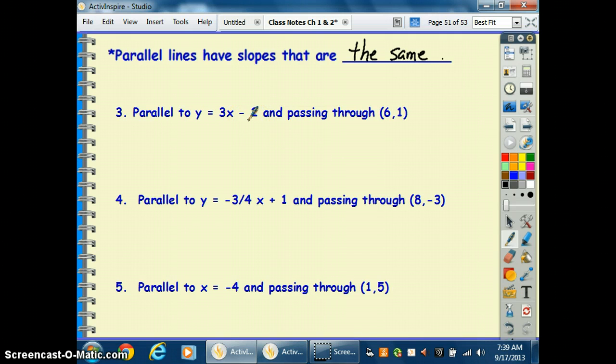Alright, so y is 1 and x is 6. And then we're going to say, well, what's our b then? So I have 1 equals 18 plus b.